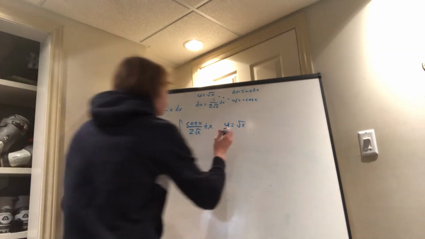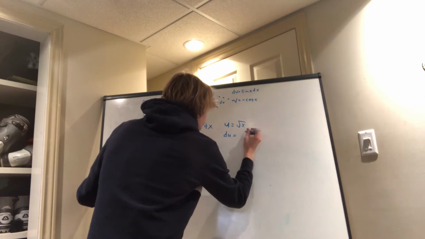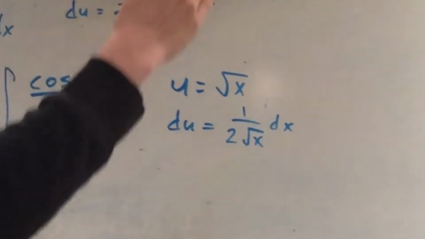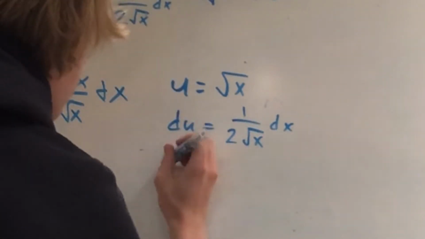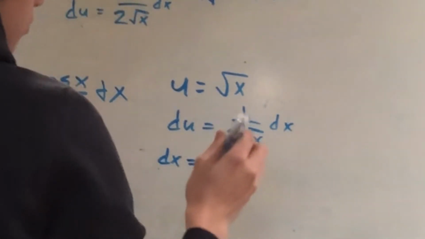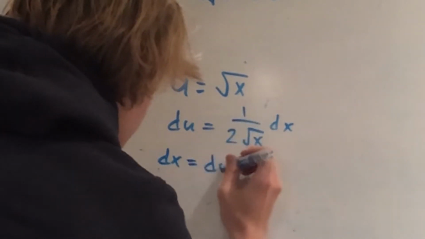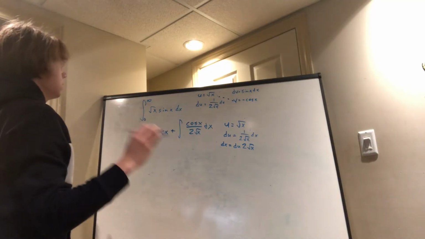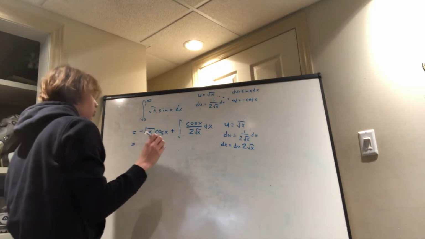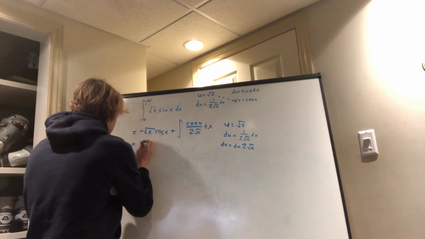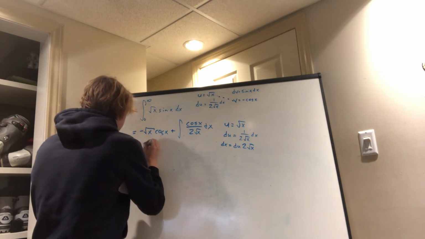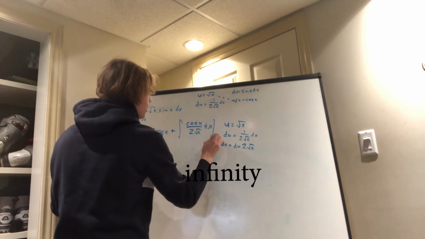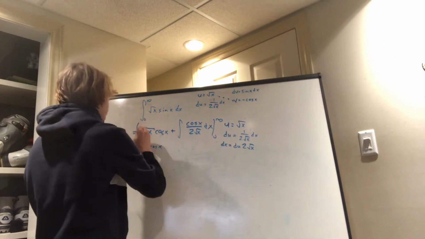So that means du equals 1 over 2 square root of x dx, or if we rearrange it, dx equals du times 2 square root of x. Okay. So that means we have the minus square root of x cos x, and all of this is from 0 to infinity. The entire term.